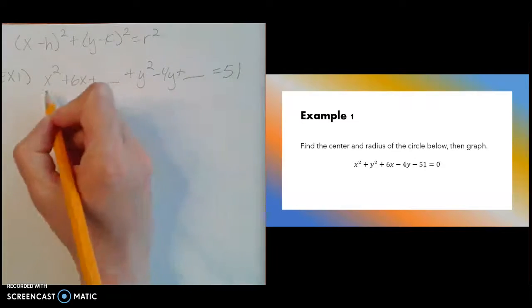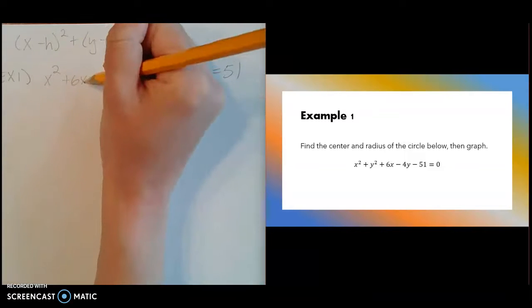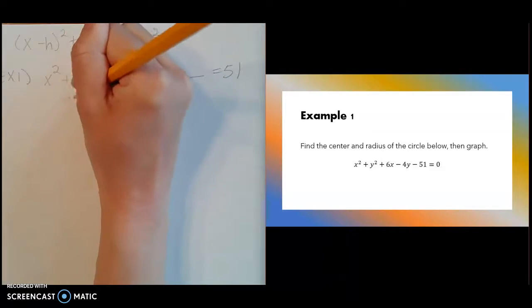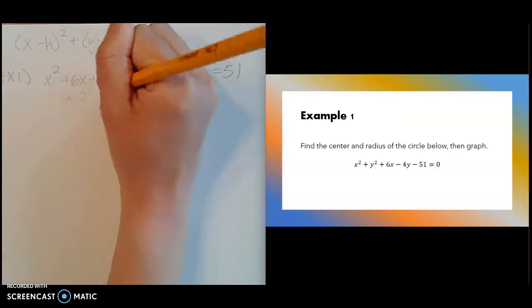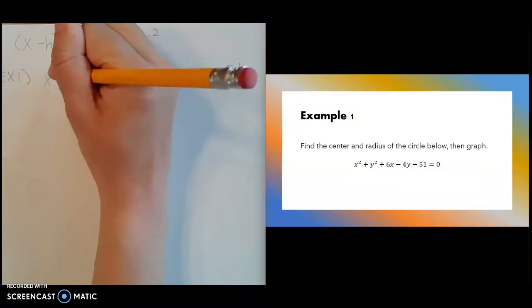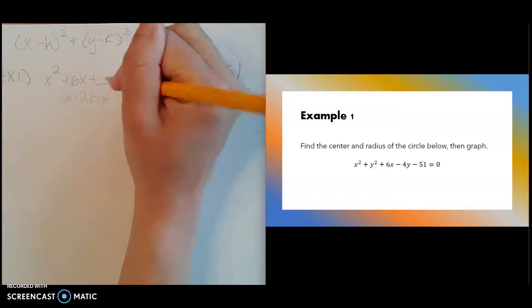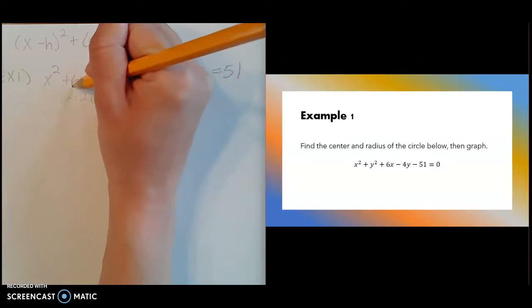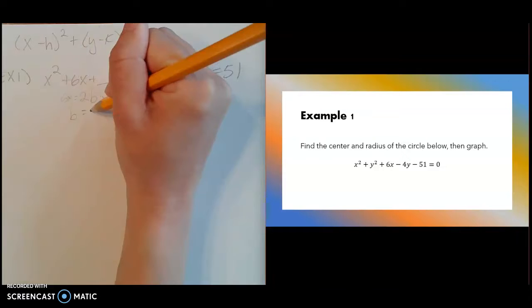So for the x's over here, for that middle term, that's 6x. I know that 6x basically equals 2 times my b value times the square root of my a value, so that's just times x, right? Well, I've already got the x here, so really 2b equals 6. So that means that I have a b value of 3.